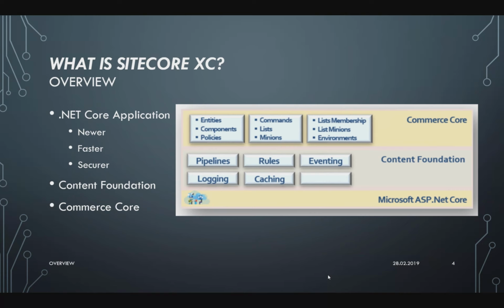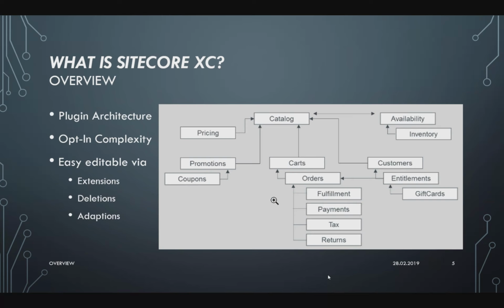What makes this commerce engine really powerful and what provides all the functionalities is what comes on top. That's the so-called plugin architecture. If you have a look at Sitecore XC, you will see that it contains out of the box a lot of plugins, like catalog, cart, order, coupons, tax handling. These can, of course, as the name says, be plugged into the system, but you can also remove them safely, to only have the pieces you really want in your commerce system.